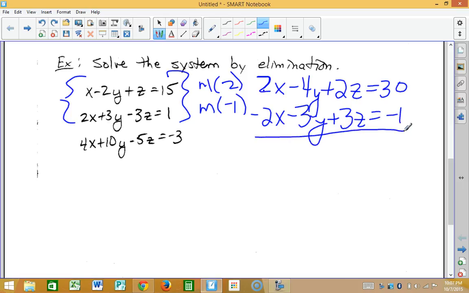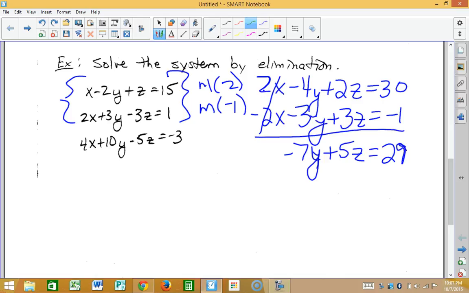Sorry, not minus 6y, minus 3y. So we're going to add those together. As you can see, the x's are eliminated. That leaves us with negative 7y plus 5z equals 29. Okay, so we eliminated one of the three variables.